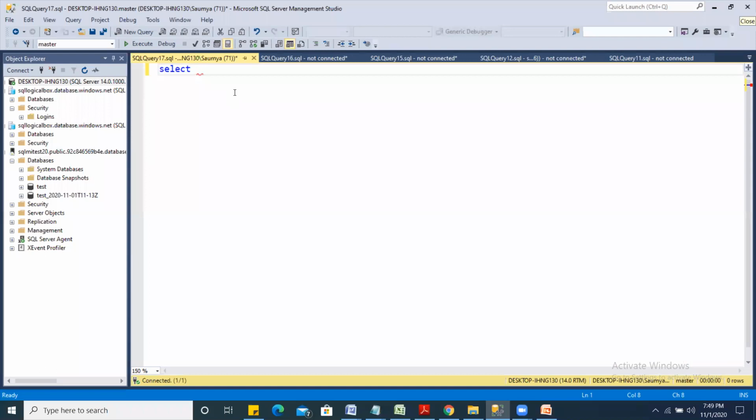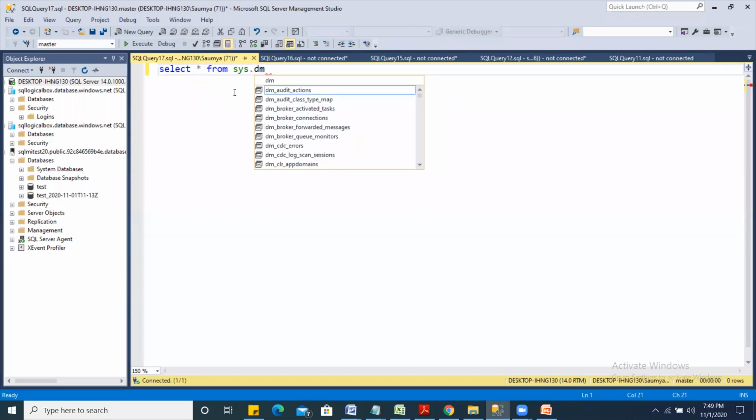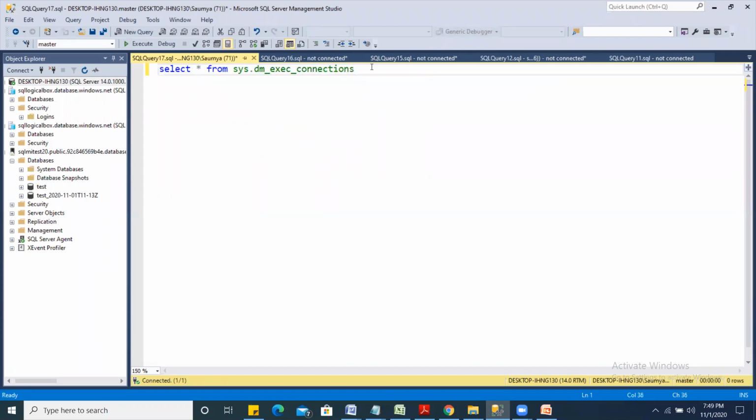Select star from sys.dm_exec_connections. Execute it.